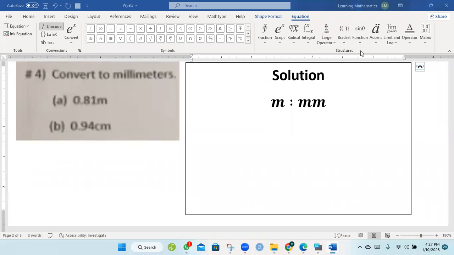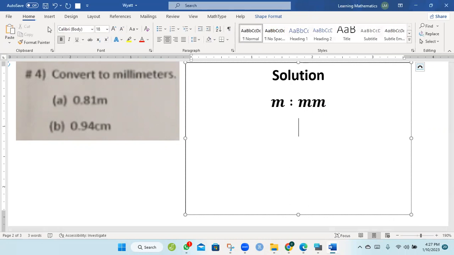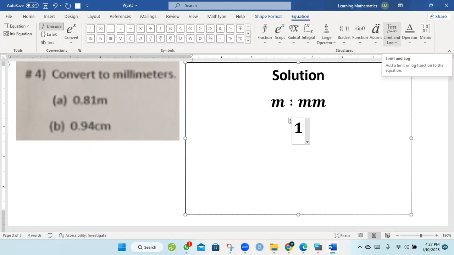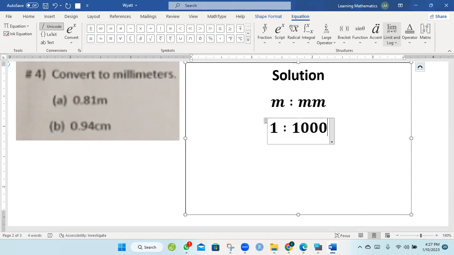So this will form our next ratio with the values: on the meter we're going to put 1, and on the millimeters we're going to put 1,000. This is the purpose for the labeling. So 1 meter is 1,000 millimeters. That's the second step for the ratio. First, you have your label ratio, then you have your values of conversion. So you'll get that in your notes or through your memory.